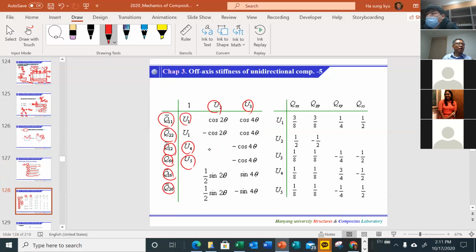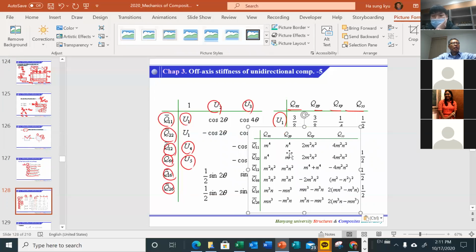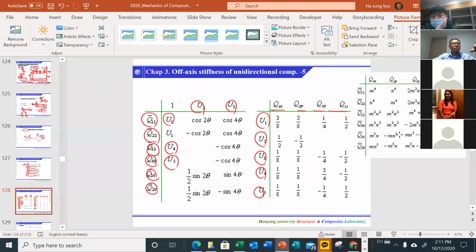Well, what are U1, U3 and U5? U1, 2, 3, 4, 5 are given in terms of this on axis. So actually, this is nothing but these relations, exactly the same relations.